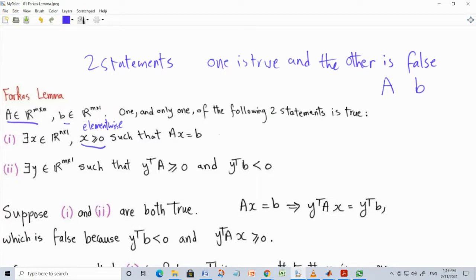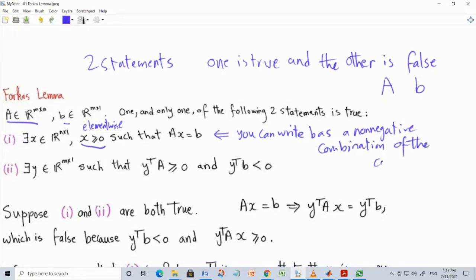Basically, the first statement tells you that you can write b as a non-negative combination of the columns of A. So you can find an x, not an arbitrary x, but an x that is non-negative element-wise, such that Ax is equal to b. That's one alternative.